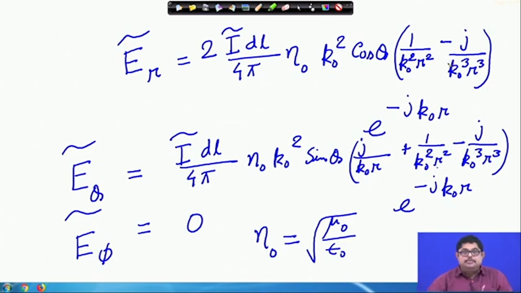So, the E R component and E theta component will be the same as the dipole's. That is why this name came, that these terms look like the dipole term, but the question is where is the dipole coming here?